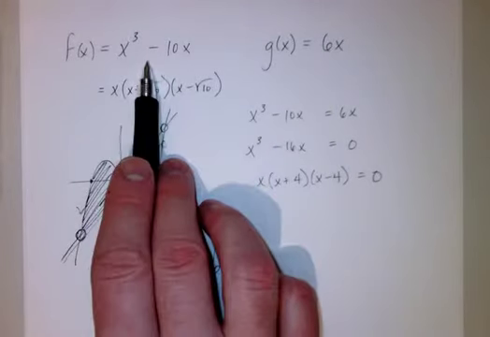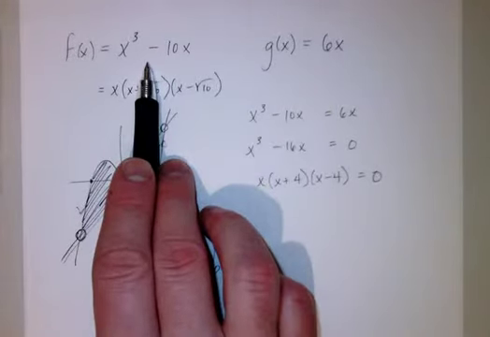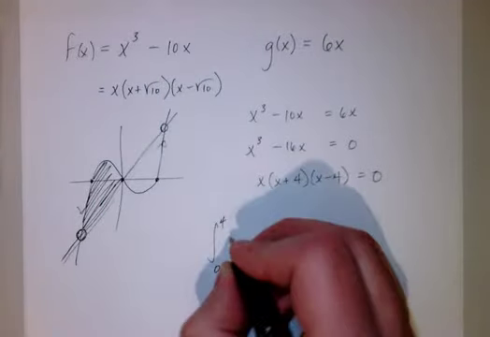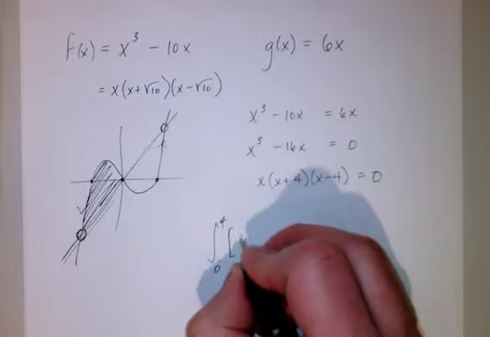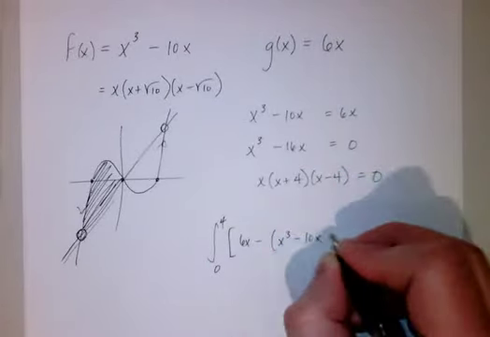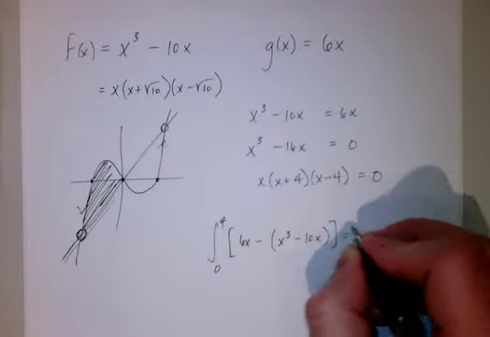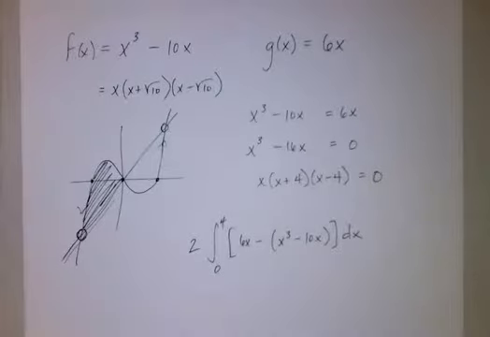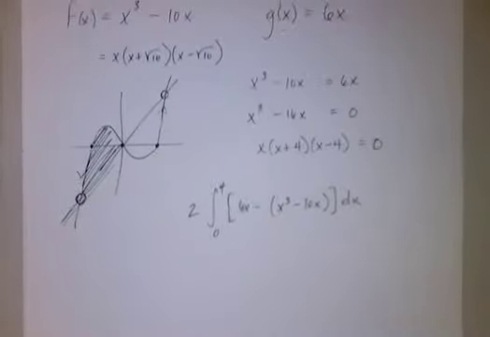If I plug 1 into f, I get negative 9. Okay, so that's confirmation that g is going to be on top. So I know it's 6x minus x cubed minus 10x dx. And then, of course, I'm going to have to multiply that bad boy by 2 in order to get the entire area.